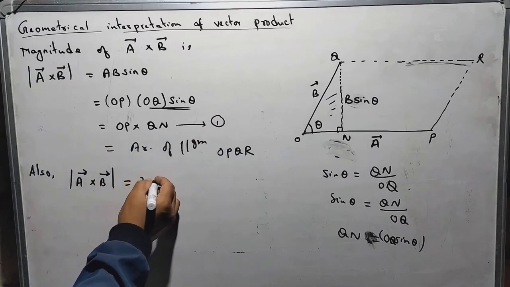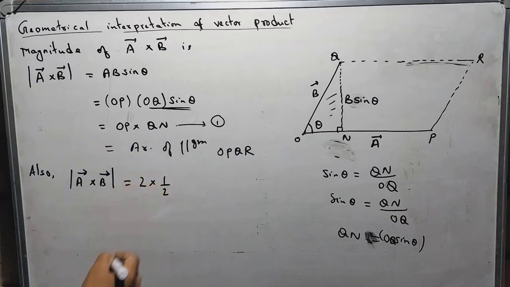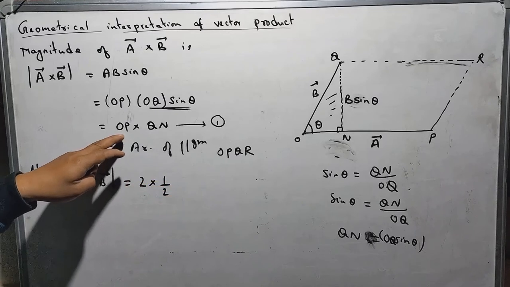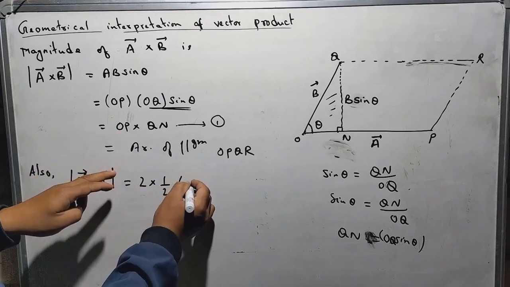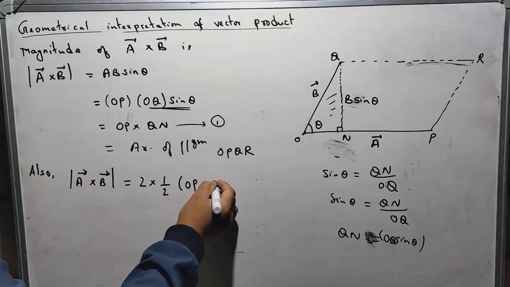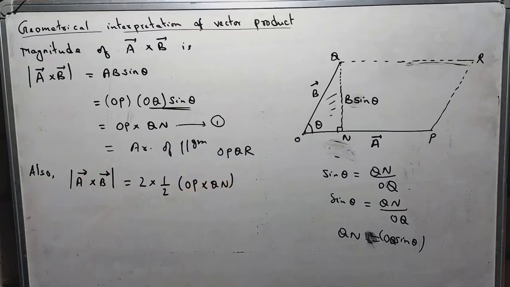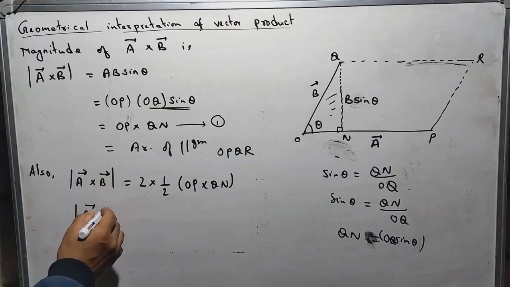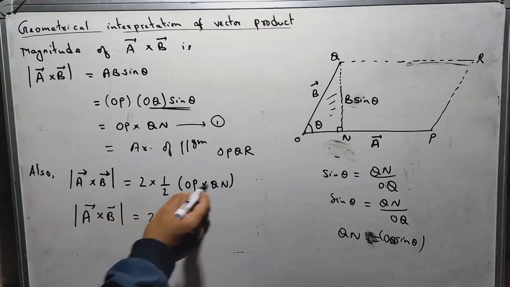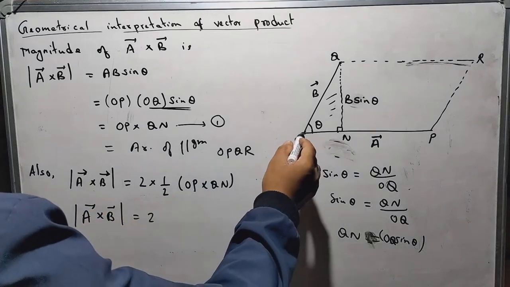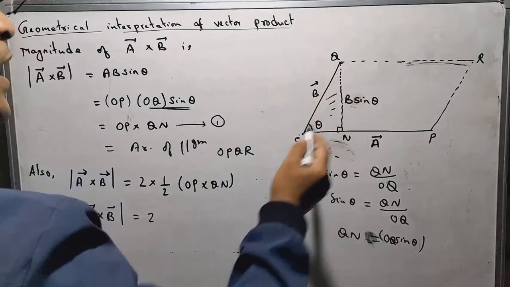Now, if I multiply and divide the right hand side of equation 1 by 2, then you'll get the same thing. Now this half OP QN, half OP is the base, QN is the height.